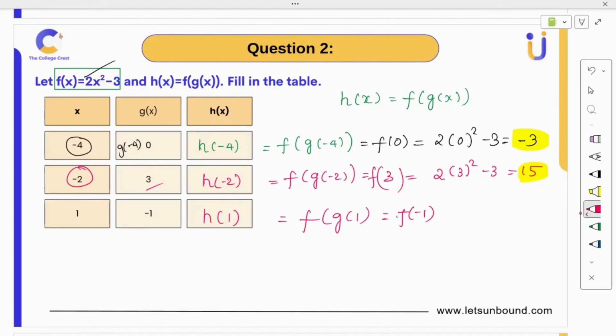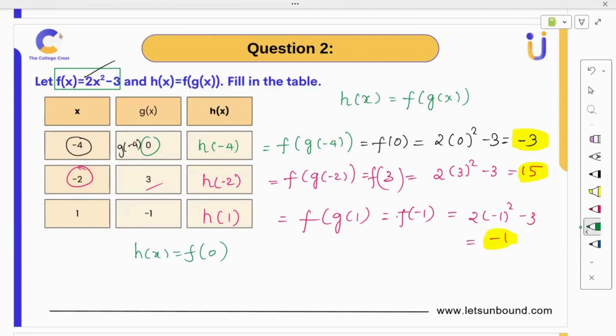Then f of negative 1 is 2 times negative 1 squared minus 3, which is 2 minus 3, negative 1. So that's it. Otherwise, you can also do it directly, since h of x is nothing but f of g of x. But I'm just explaining how this process works.